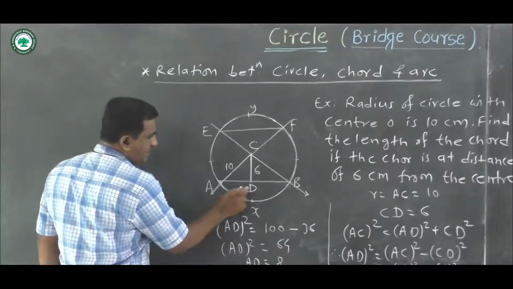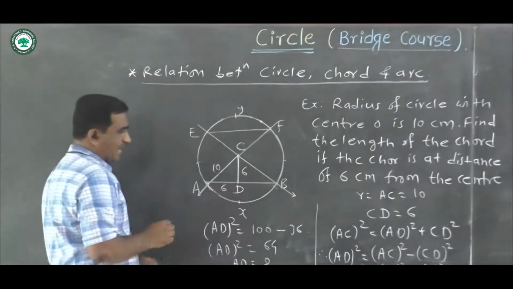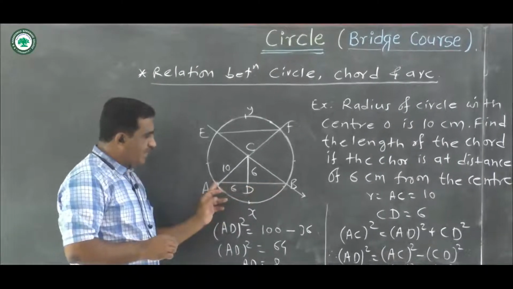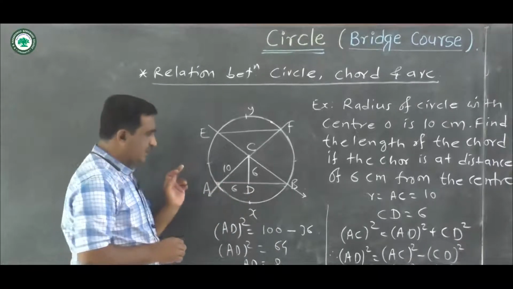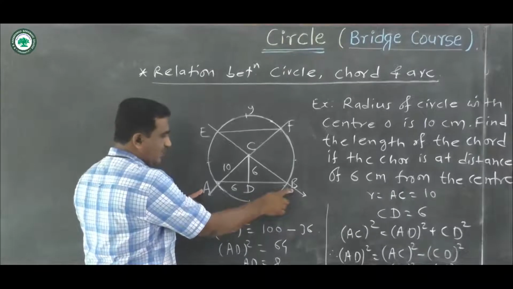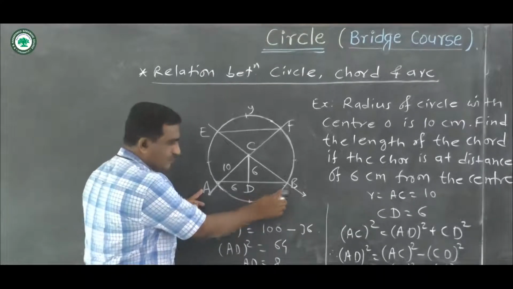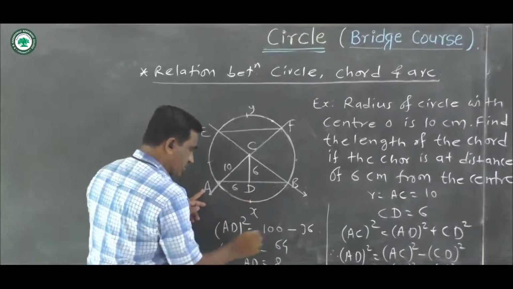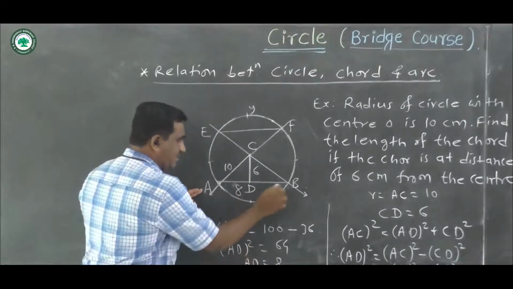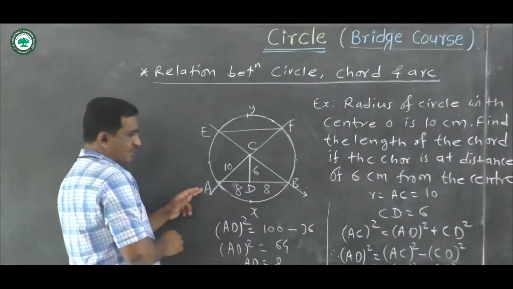That is, we get this distance AD is equal to 8, and this point D is the midpoint of segment AB or chord AB. Therefore distance AD equal to distance DB. Therefore DB is also 8 centimeter.